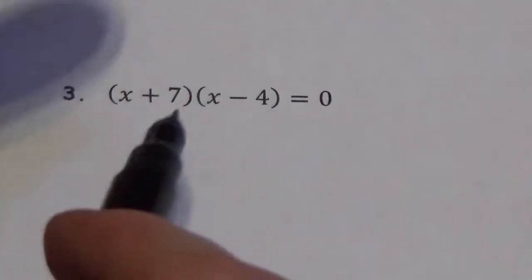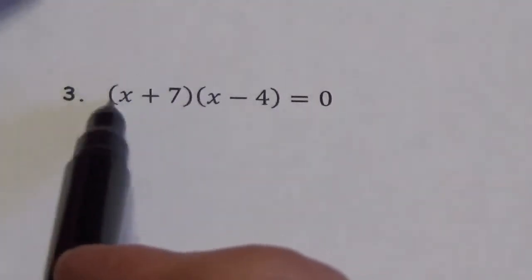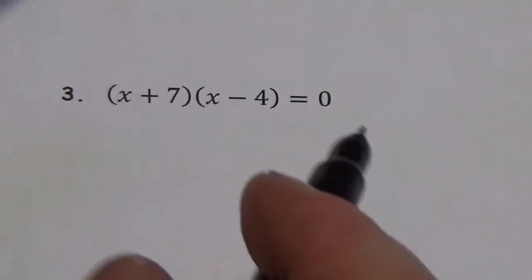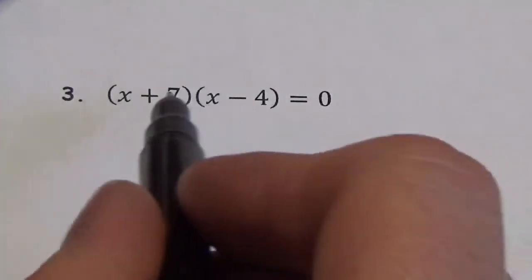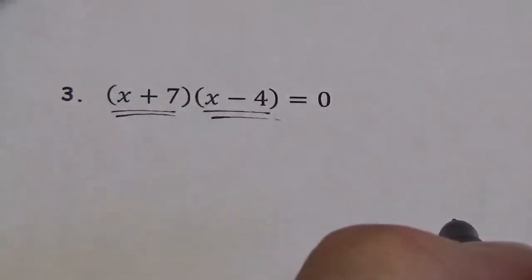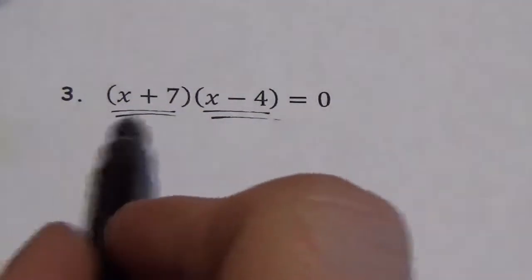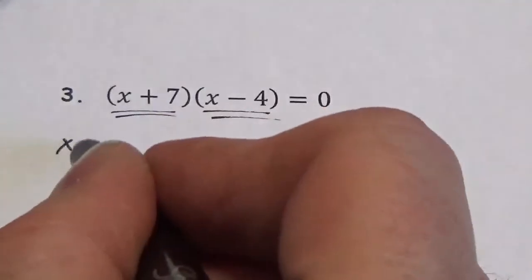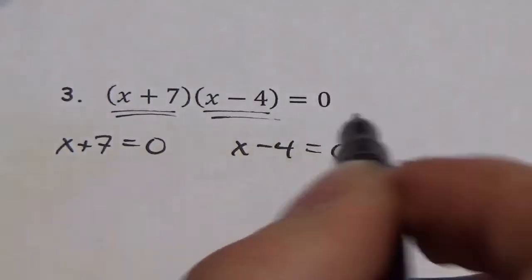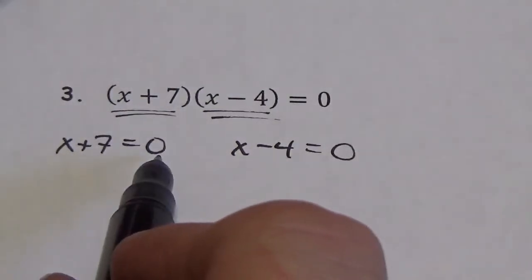Now here is going to be a question that's a quadratic because I've got x multiplied by x. It's just not expanded. It's in factored form. That's actually a benefit to me because I've got this factor multiplied by this factor equal to 0. Now, one of these two factors is causing the result to go to 0. Is it the x plus 7 going to 0?